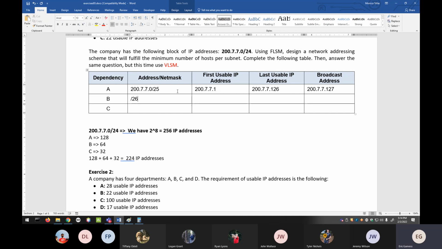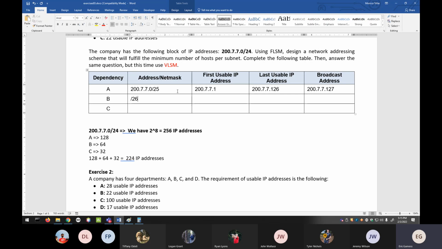We have 64 IP addresses there. 32 minus 26 is what? 6. 2 to the power of 6, 64. So in a /26 network, we will have 64 IP addresses. If we have 64 IP addresses, that means what? I have to go by step of what? Of 64, isn't it? I have to go by step of 64.